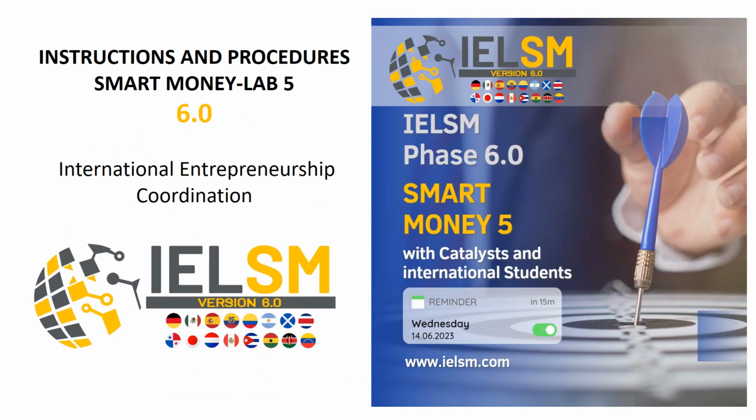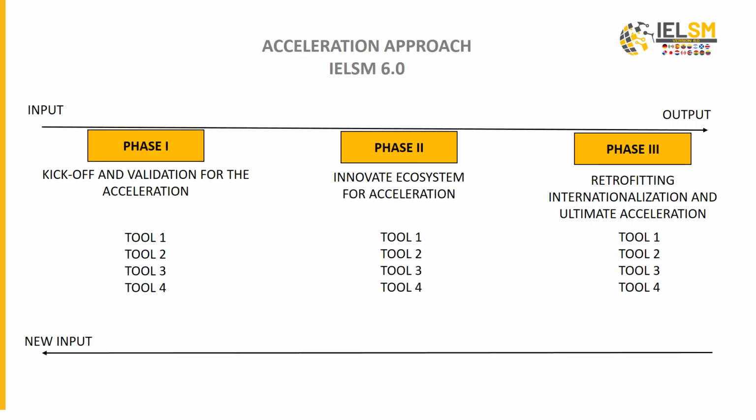This Smart Money number 5 is only with Catalysts and international students. Don't forget, we worked together with 3 different phases: phase number 1, phase number 2, and phase number 3.